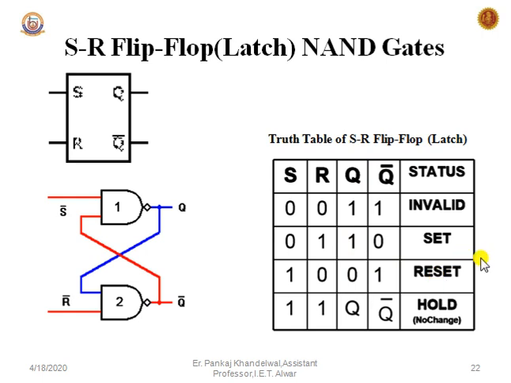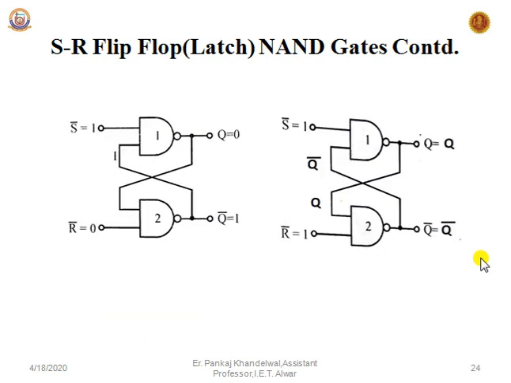After that, when both inputs are equal to 1 1, in this case we can't directly tell the output of any gate, because both are 1 1.